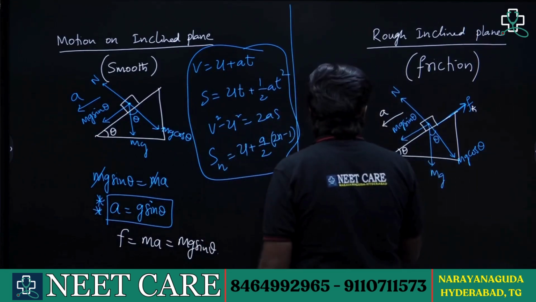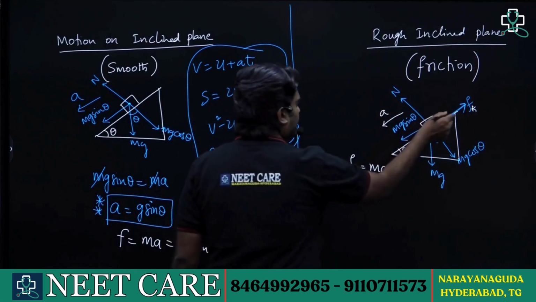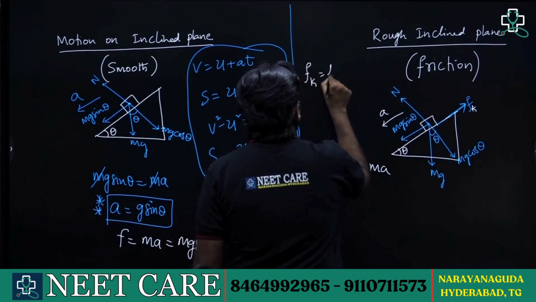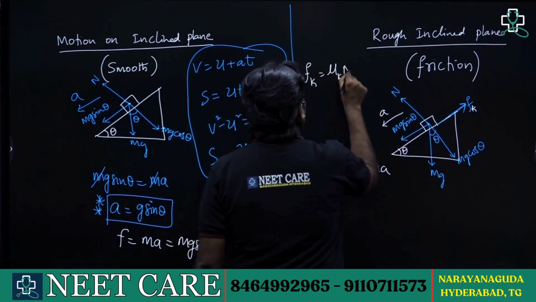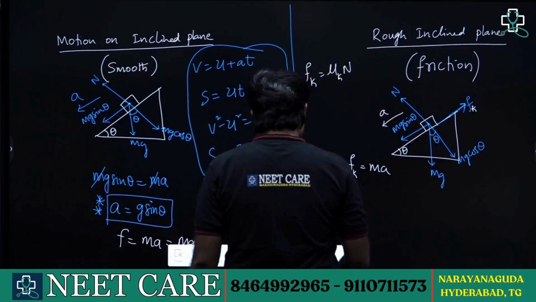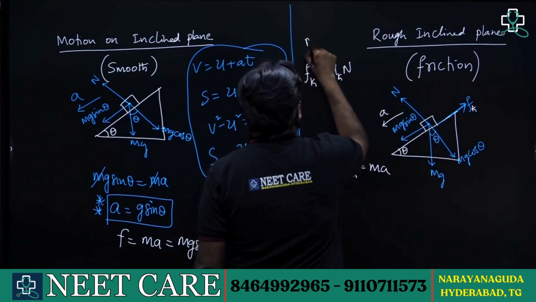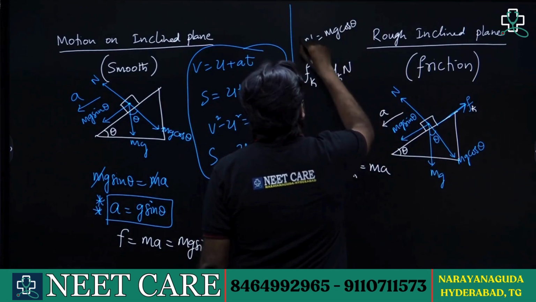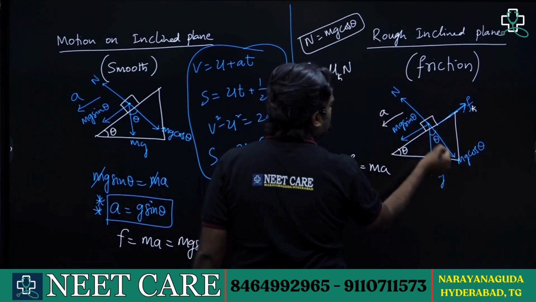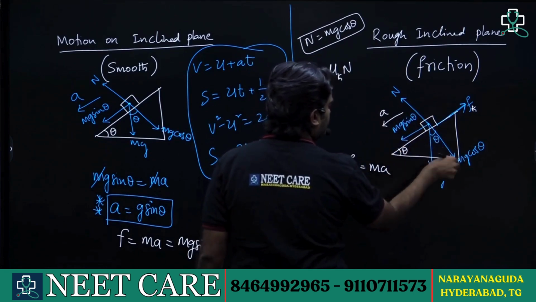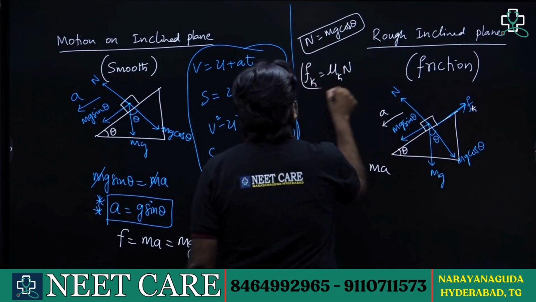Now here mg sin theta minus Fk is equal to ma, but here we know that Fk, all the time you will write, is mu k into normal reaction. In this formula, normal reaction can be taken as N is equal to mg cos theta. Here the normal reaction is balanced by mg cos theta, since mg got resolved along and perpendicular to the plane.